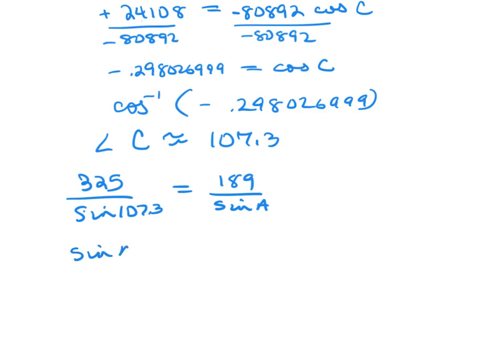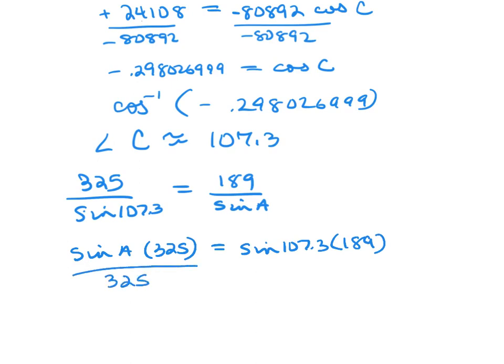So sine of A times 325 equals the sine of 107.3 times 189. Divide both sides by 325. So the sine of A is equal to 0.555230125.